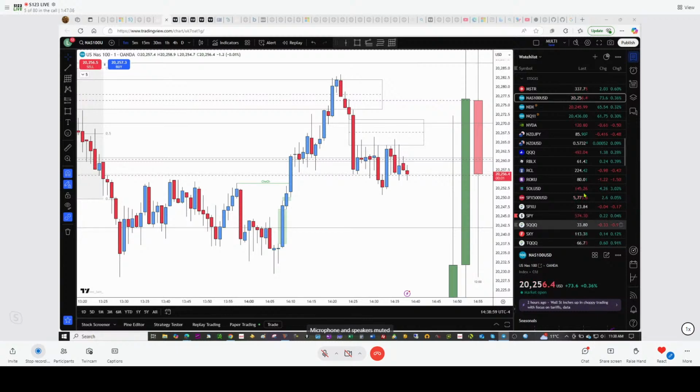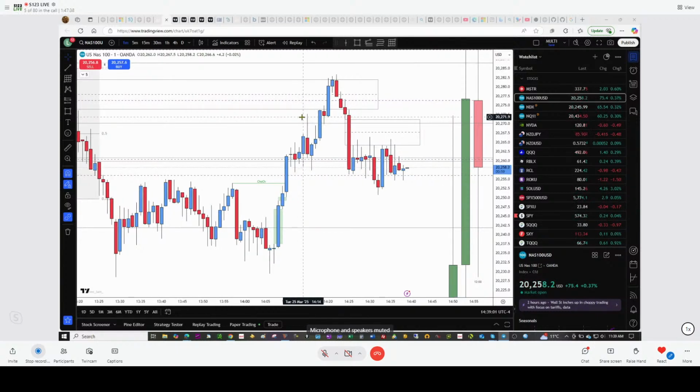Yeah, this is very choppy stuff. I can't really figure out which direction it wants to go.